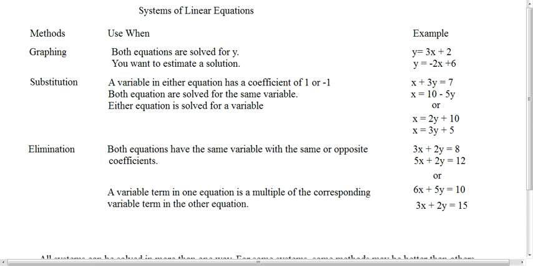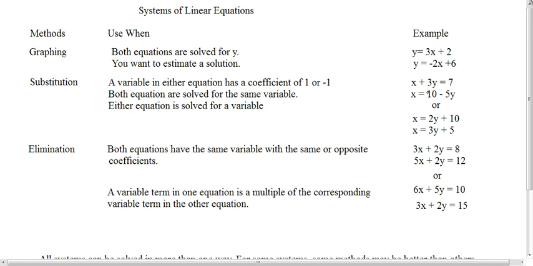Okay, so what about substitution? What would be an excellent time to use substitution? When a variable in either equation has a coefficient of 1 or negative 1. That means x plus 3y is equal to 7, or x is equal to 10 minus 5y.